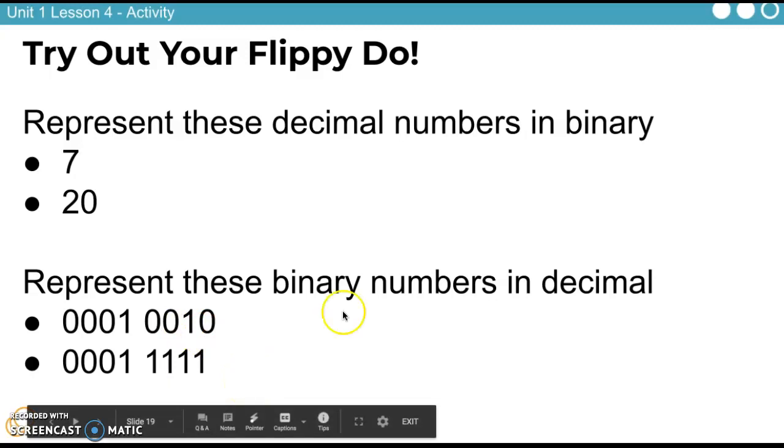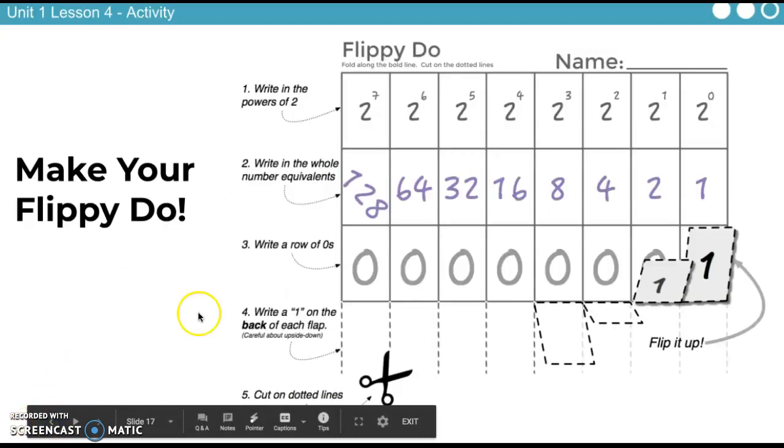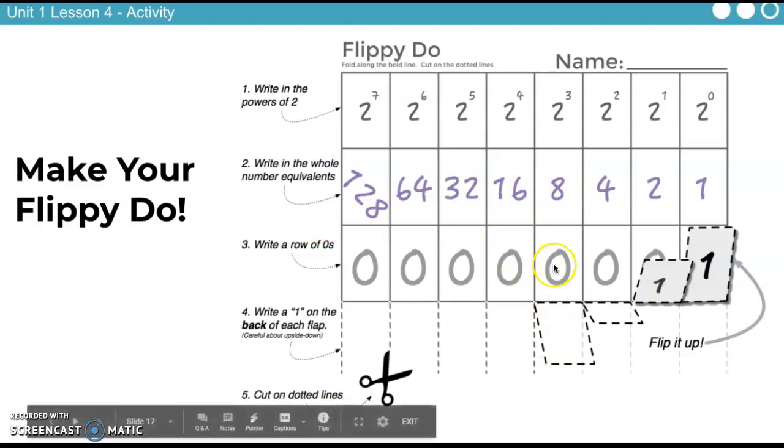And the thing to think about, let me just go back. The thing to think about in your Flippy Do is that, for the number 7, right, you're going to show a 0. Let's pretend the number's 10 because that's not one of the questions. But you're going to put a 0, a 0, a 0, a 0. So you're working from left to right. 8, you would put a 1.